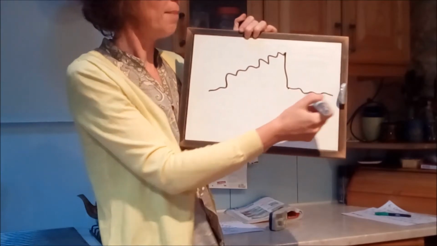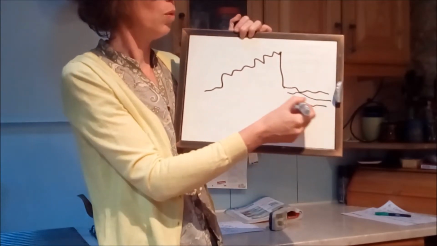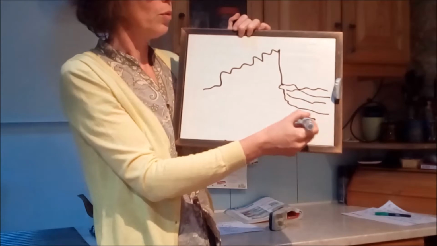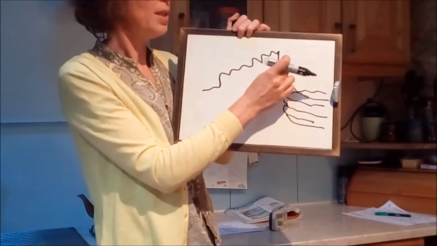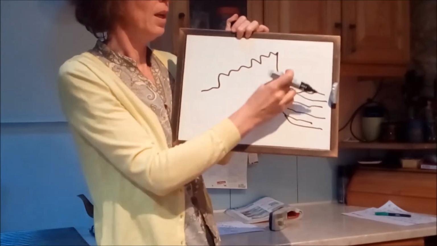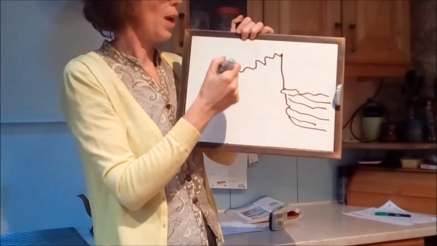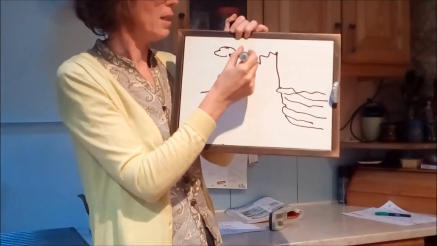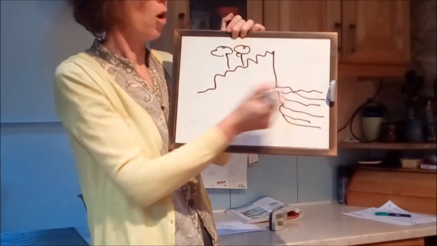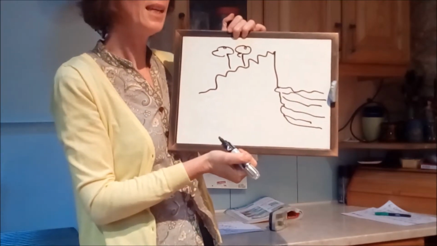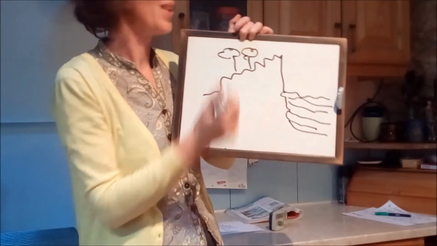And then here can be more land or can be the water. So what's this vertical where the land suddenly drops? Begins with C. Cliff. Well done.